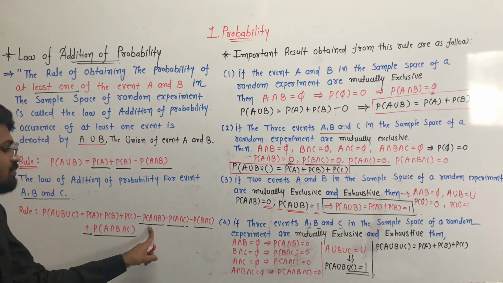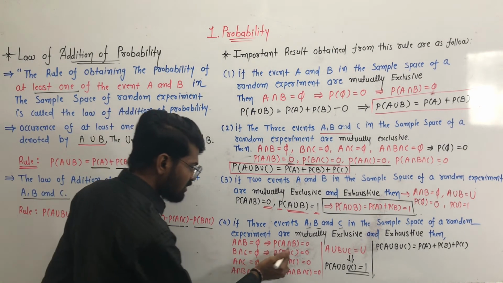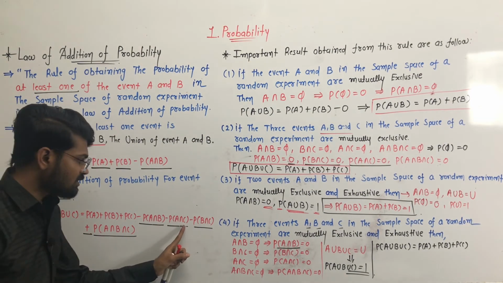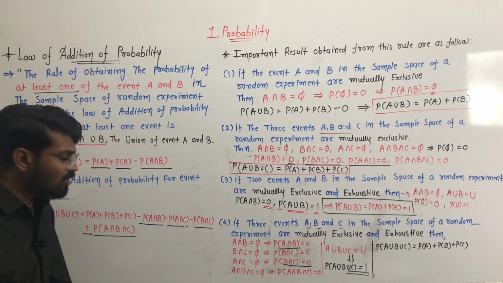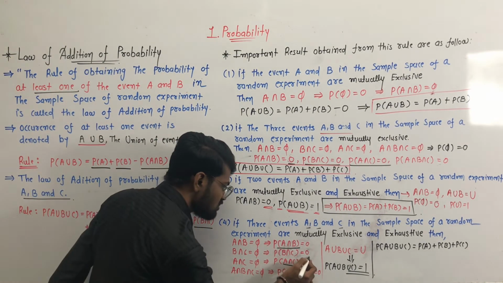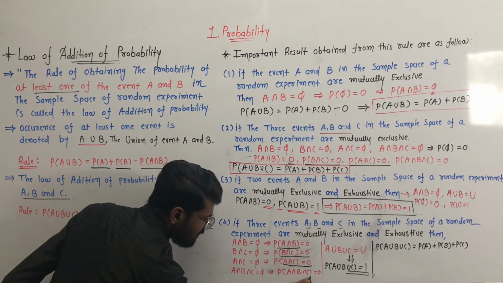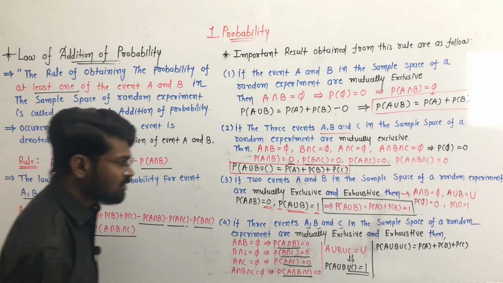Now minus the probability of the intersection of A and B, which is equal to 0, then the probability of the intersection of A and C is also 0, and the probability of the intersection of B and C is 0. Now plus the probability of the intersection of A, B and C, which is also equal to 0.